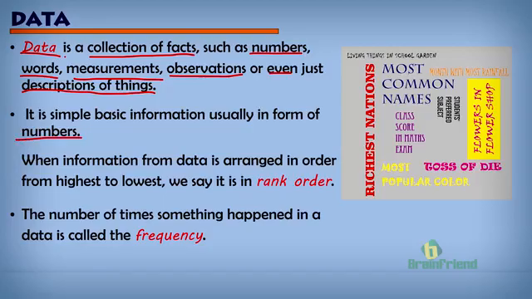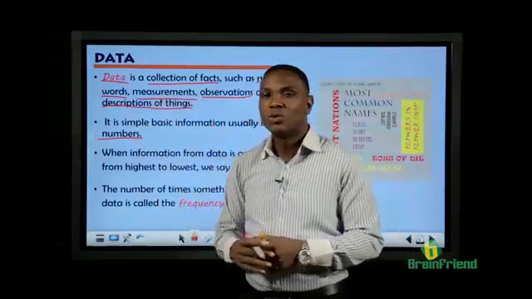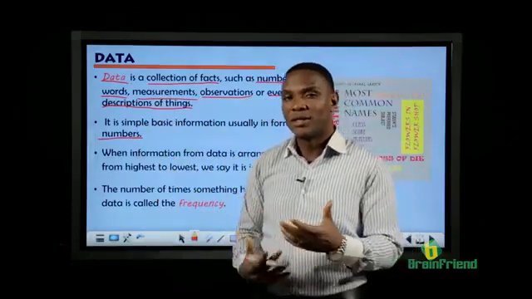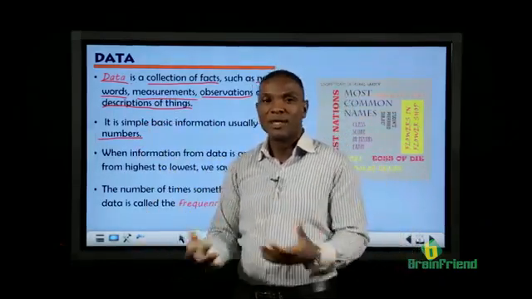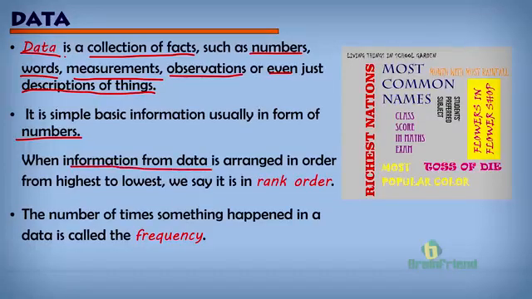So the information gotten here is always converted into a number form so that we can make better interpretation of our data. When information from data is arranged in order from the highest to the lowest number, we call it the rank order.